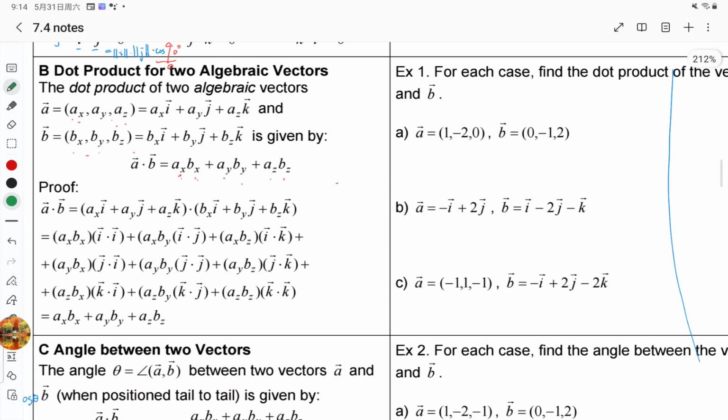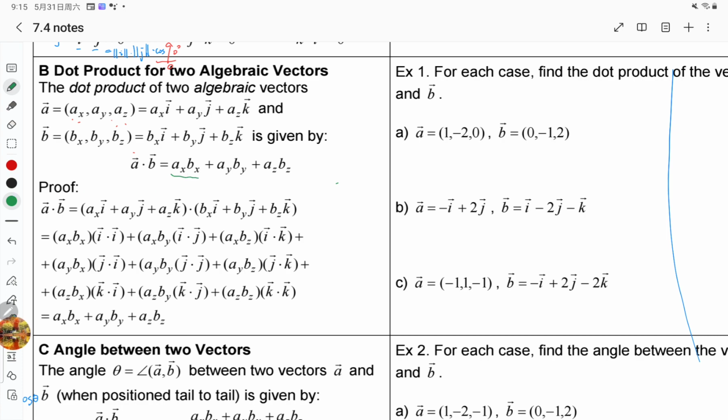Right. And then, okay, so the dot product for algebraic vectors, we also talk about this formula here, right? It's given by this. So look at this.